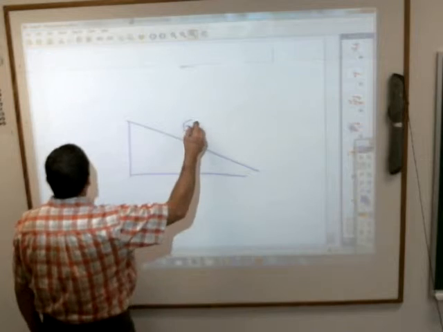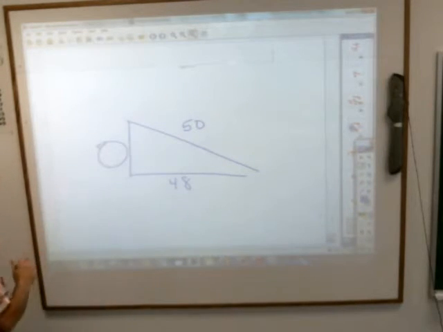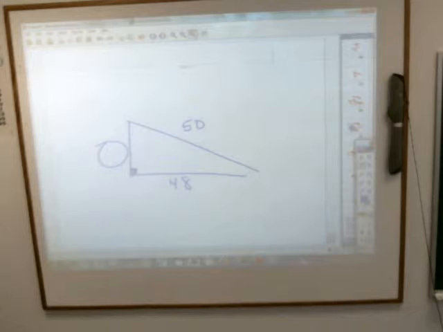Let's say this is 50 and this is 48. How long would that side be? And it's a right triangle, by the way. It has to be a right triangle. 50, 48. Do you see a triple over there that has 50 and 48? If not, then you have to try to reduce it and then remultiply it back again.